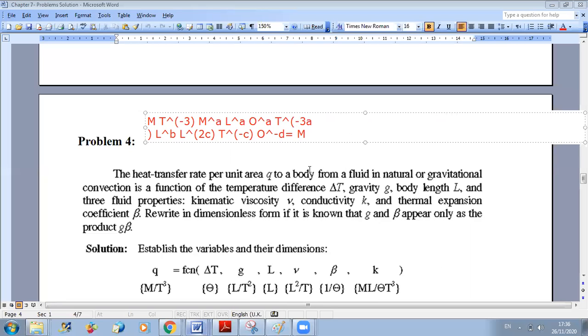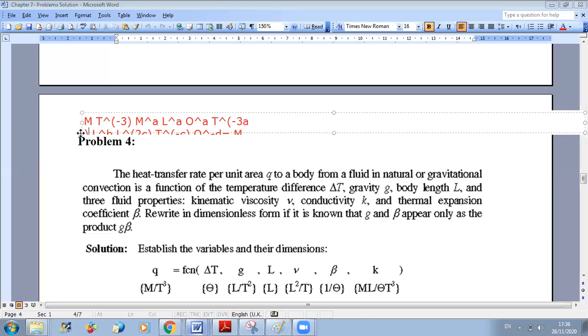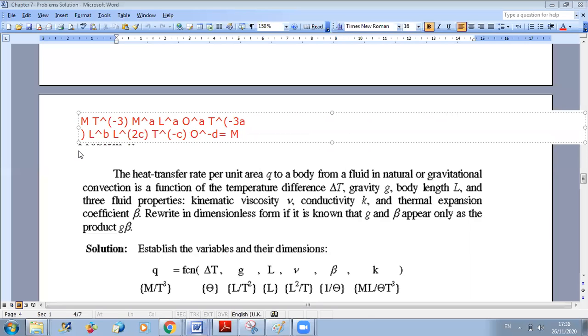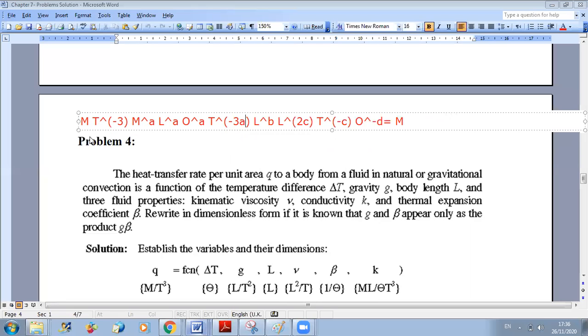Okay, so now I should find the coefficients A, B, and C. Anyway, what we have here should be equal to M to the power 0, L to the power 0, T to the power 0, and theta to the power 0.